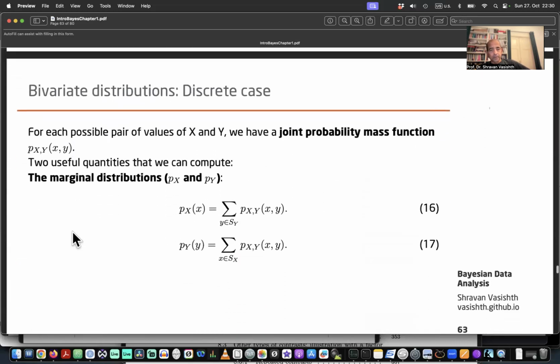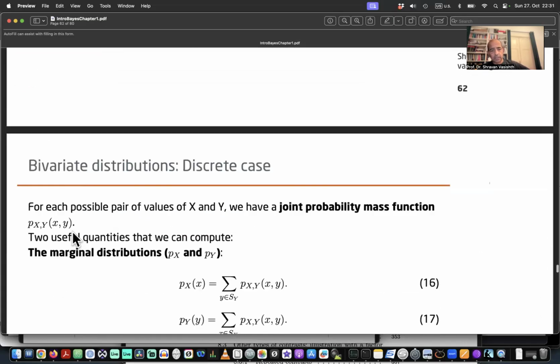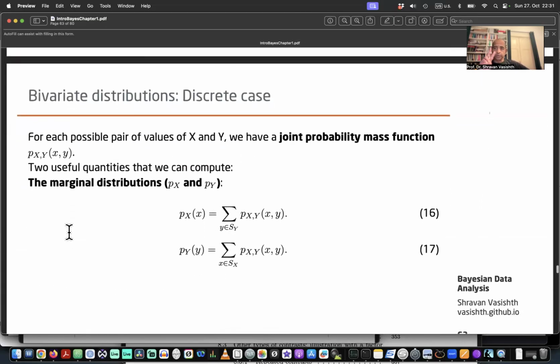Now, from the joint probability mass function, this one here, we can compute two useful quantities. One useful quantity is the marginal distribution of the random variable x and of the random variable y. The definition of a marginal distribution is the following. These are given in equation 16 and 17.